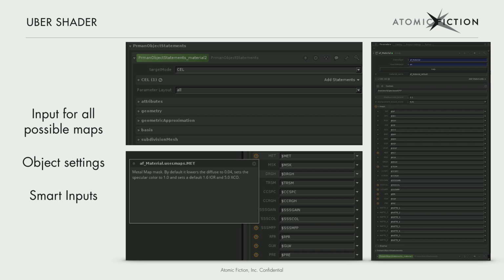We've also set up a few smart inputs like our metallic mask input, where when the shader detects any input, by default, it lowers the diffuse to 0.04, sets the specular color to 1, sets the IOR to 1.6, and the extinction coefficient to 5. But these default values can be changed later using the child material setup.